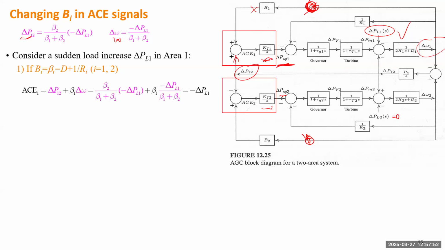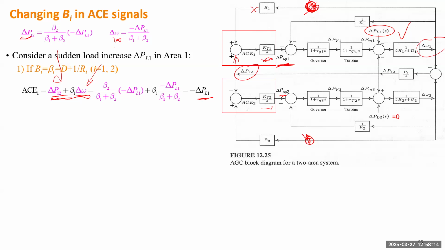Then the area control error will simply be delta P12 plus beta 1 delta omega for the first area. If you plug in those two formulas here, you get negative delta PL1.